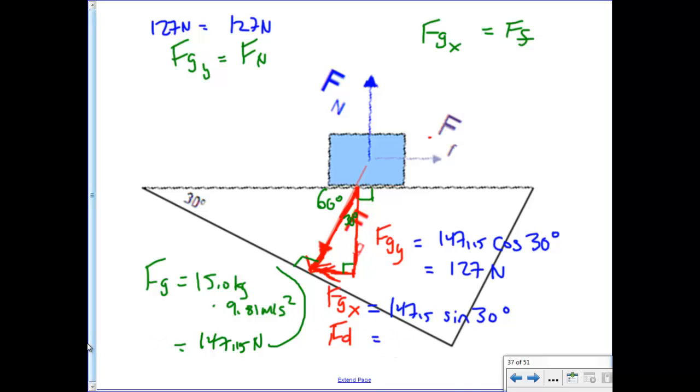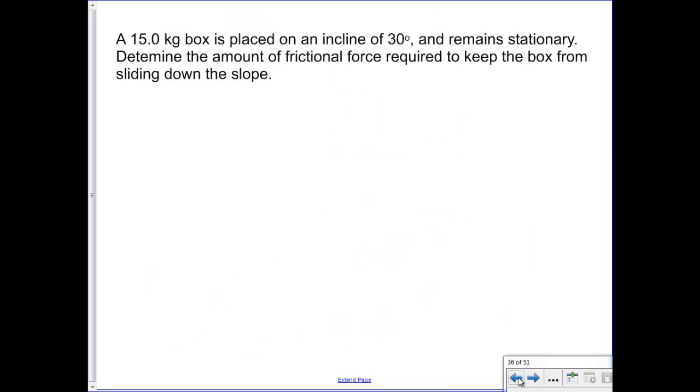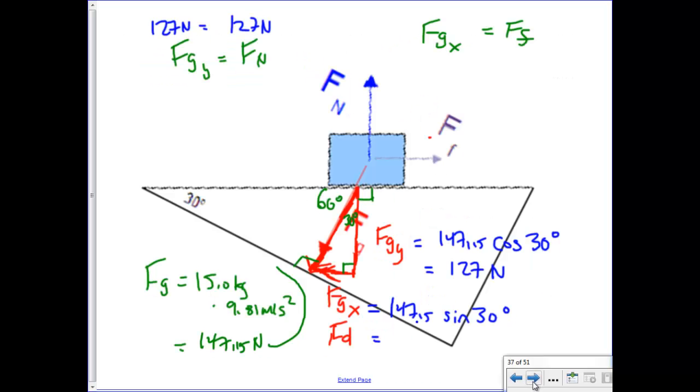I got 74 basically. Is that 0.5 or 0.15? Sorry, that's 0.15. I missed a dot in there. I only get 2 sig digs because 30 degrees only had 2 sig digs. So this should be 74 newtons, I believe. Did you guys get that as well?